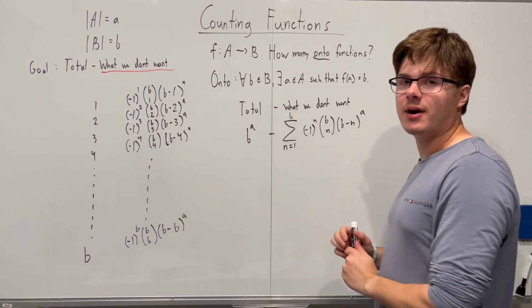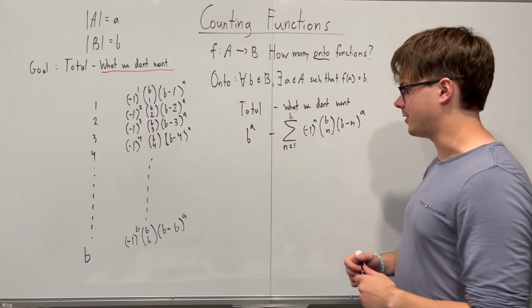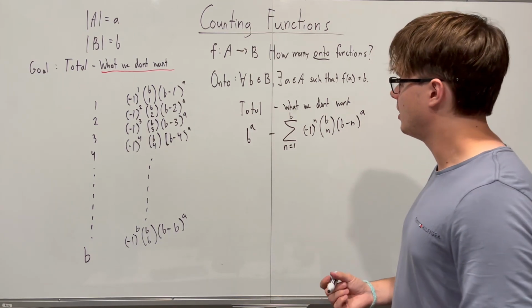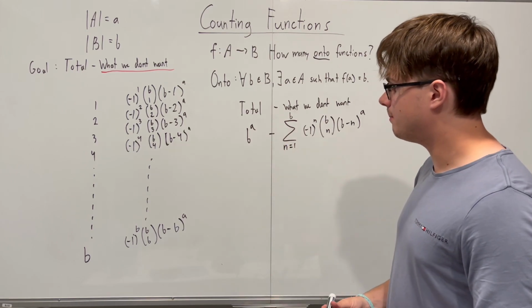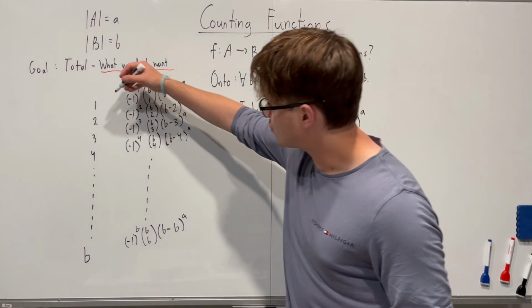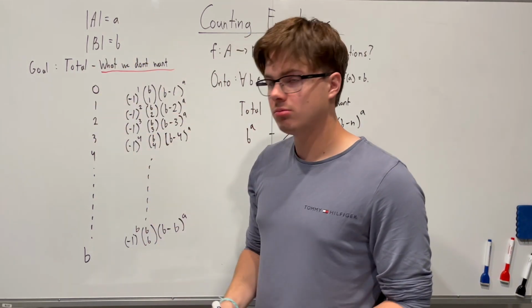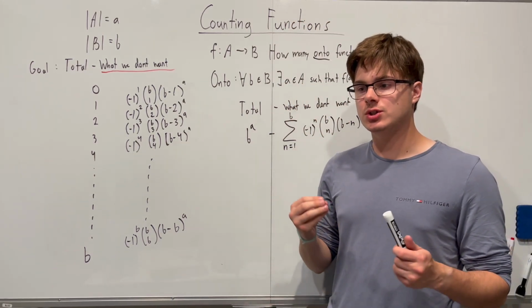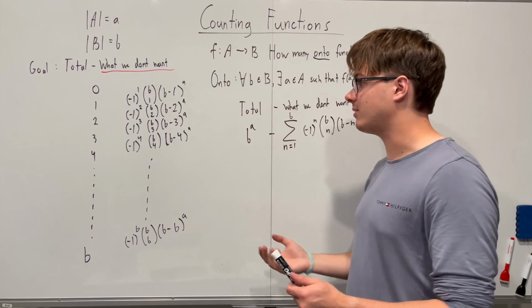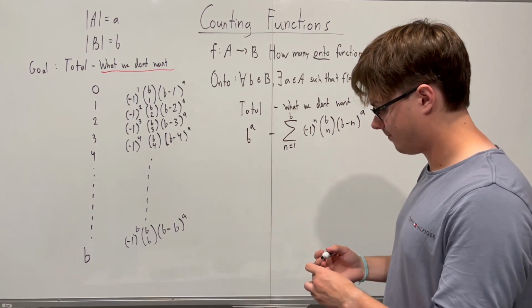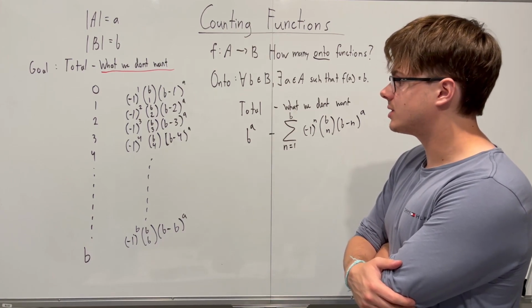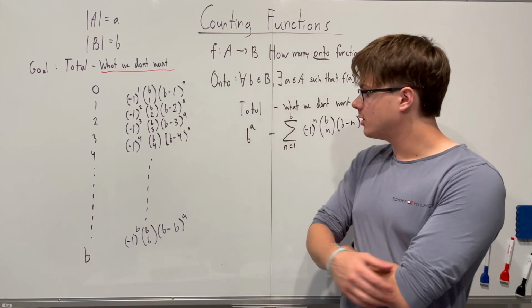One more note I want to make. This is almost the final answer, although this is good enough if you want to use it. Notice you can actually put all of this into a sum. How can you do that? Well, notice what b is. B is really just saying, what if we don't map anything, right? What does that mean?